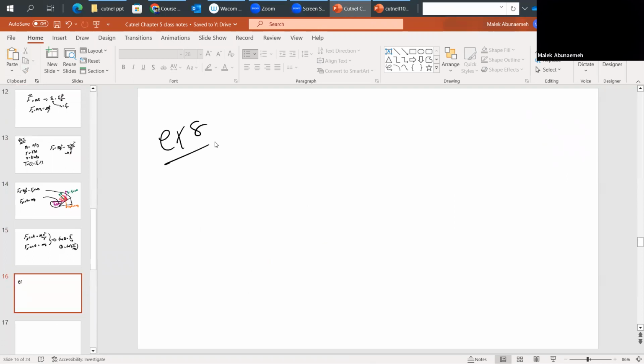This is example 8. Your radius is 316 meters, and your theta is 31 degrees, and you're looking for your velocity.